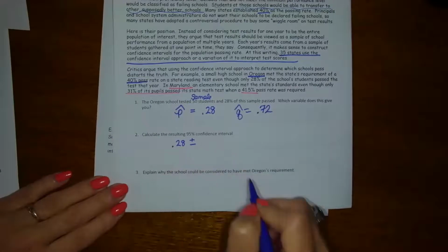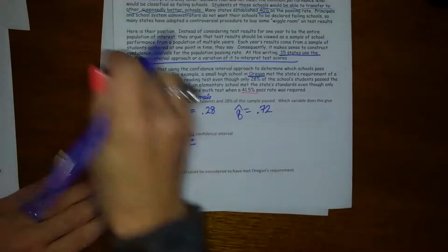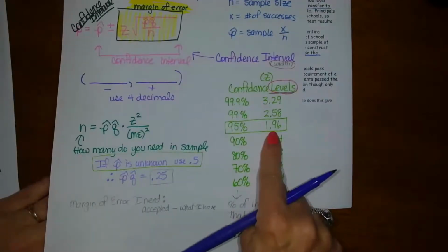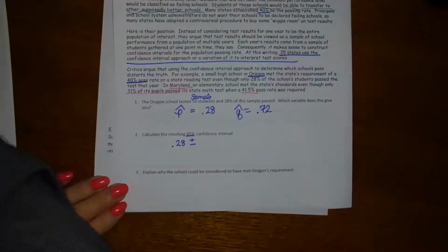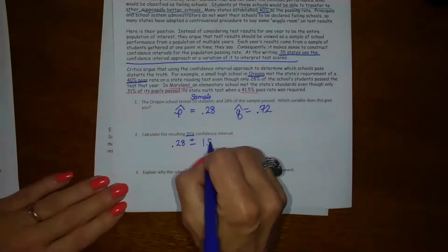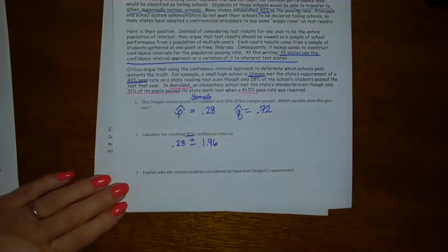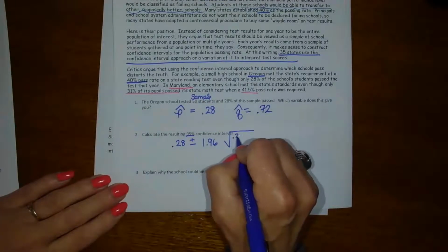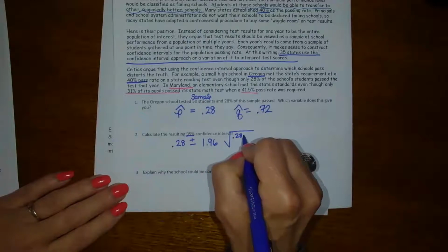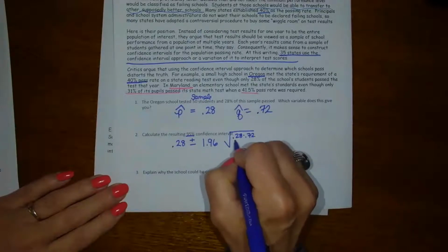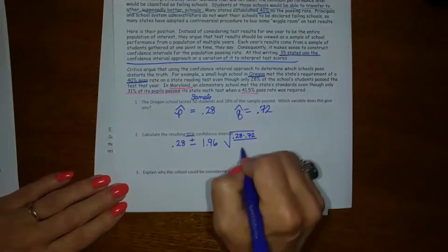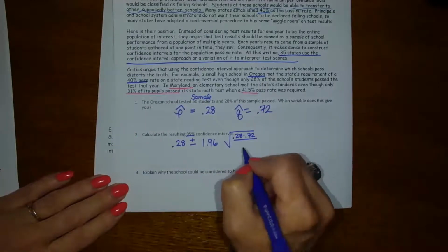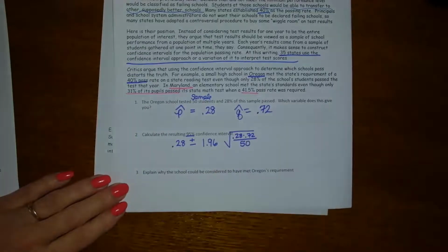Plus or minus Z. 95% means I use 1.96 times P hat Q hat all over N. How many kids did we talk to? 50. So y'all take a minute, punch that into your calculator.